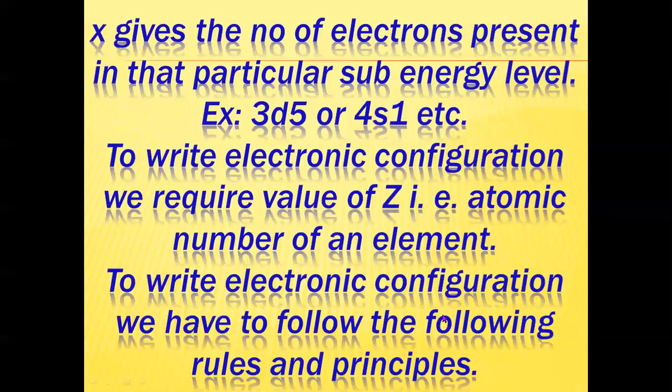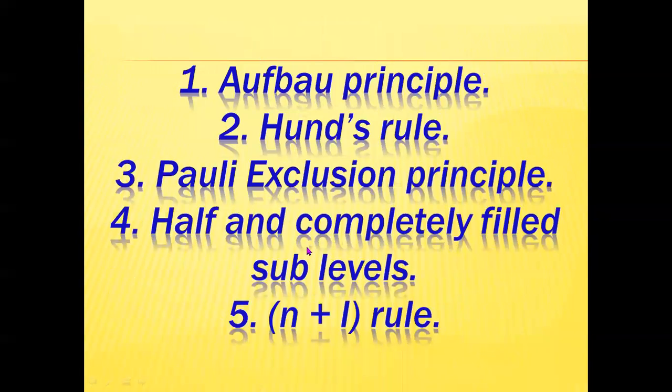Now, to write electronic configuration, beside the symbol of the element and atomic number, we require certain rules which we have to follow. And these rules are: first is Aufbau principle. Second is Hund's rule. Third is Pauli exclusion principle.